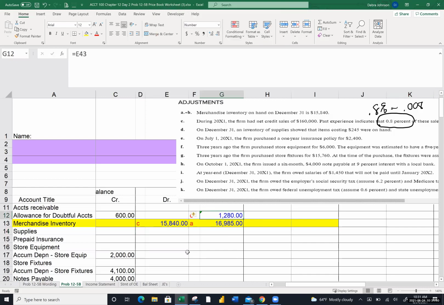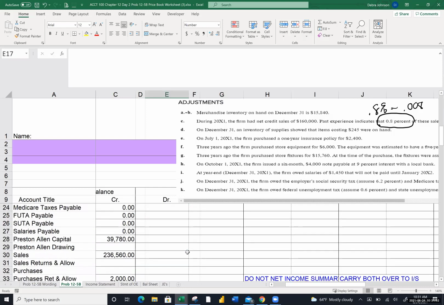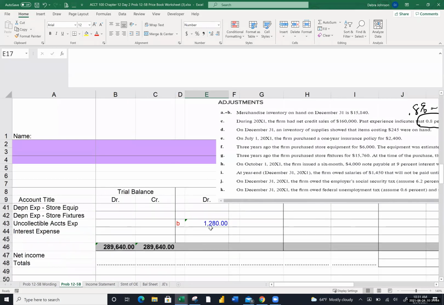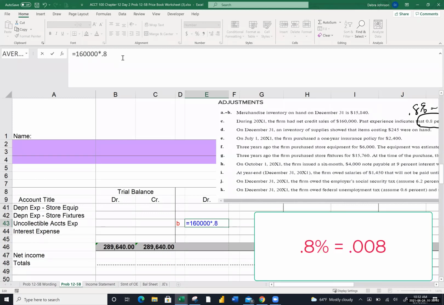You can just put 0.8%. Let me show you how that would work. So here's my formula. If you have a percentage key on your calculator, you can literally put in 0.8% and it will calculate it to be the same amount. So hopefully that makes sense.